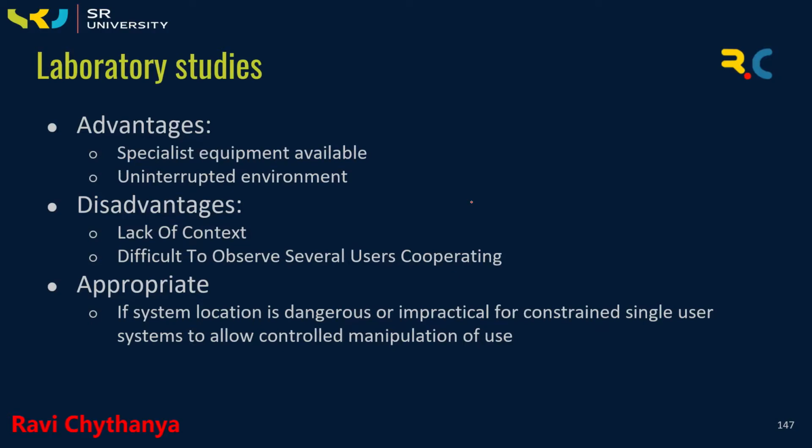And there are many disadvantages, and two of them are lack of context and difficulty observing several users cooperating. It is in the laboratory, so there are only a few users, maybe ten at most, in the study, and it is very difficult to observe several users cooperating with each other to give input for the system.